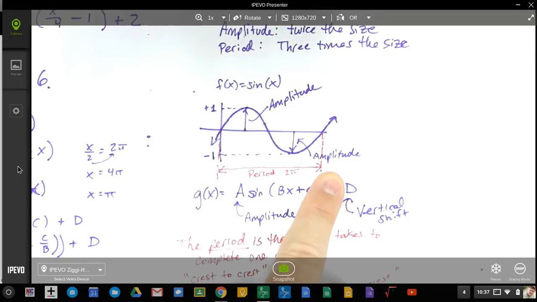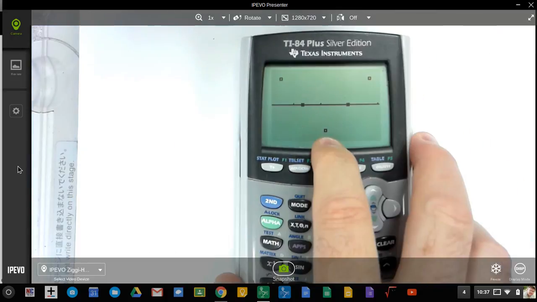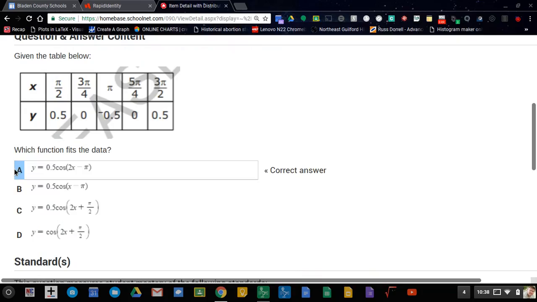So guys, if I'm looking at this graph and I know that's my amplitude, and I go back to my table of data, do you see the middle point right there, pi and negative 0.5? What's the amplitude? What's the magnitude of that number right there? 0.5.